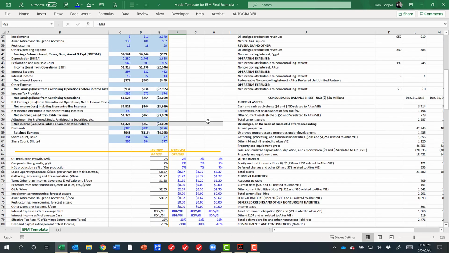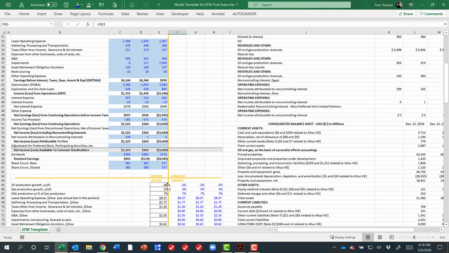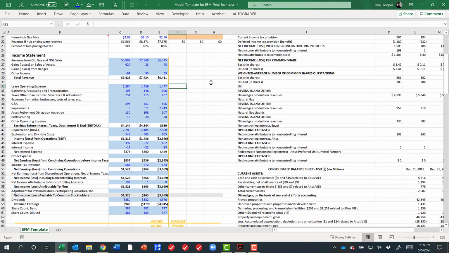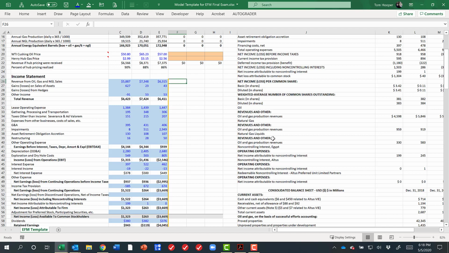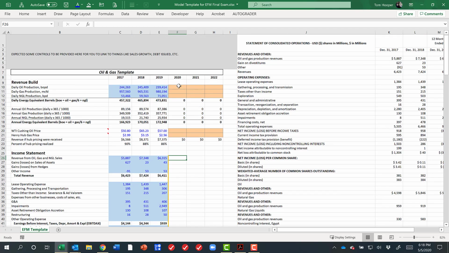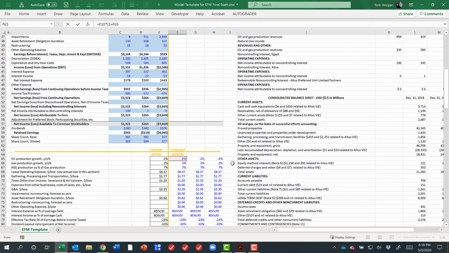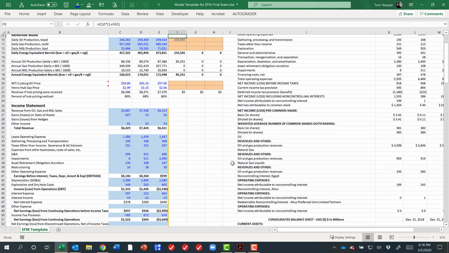The only thing left to do now is use the drivers to create the forecast. And so anything that we did here, we just need to undo it. So for example, if our oil production was growing at some certain rate, we'll take the previous year times 1 plus. This should all be very familiar. We've been doing this all semester.